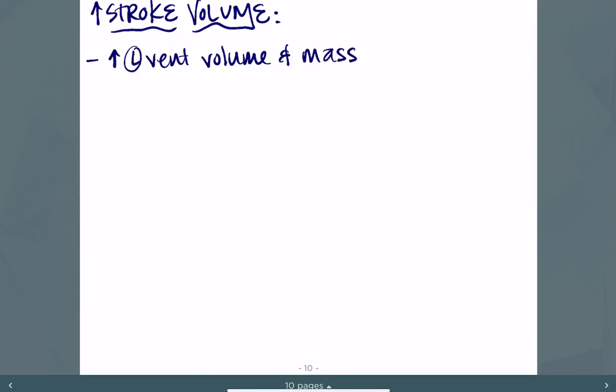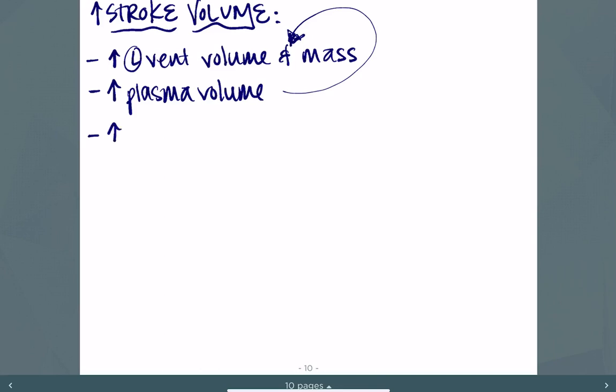To make my list complete, I just kind of want to mention that volume. So we can increase stroke volume through the increased plasma volume, which is directly related to the cause of the increase in ventricular volume. You can increase stroke volume because of the increased cardiac compliance that we mentioned. It's stretch here.